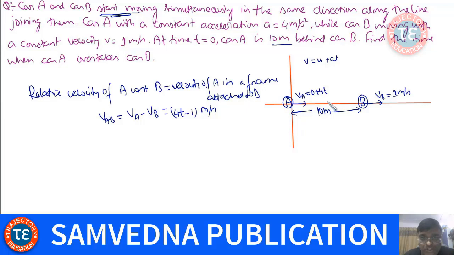We want to find the time taken so that the distance becomes 0. Okay, so this is the relative velocity.